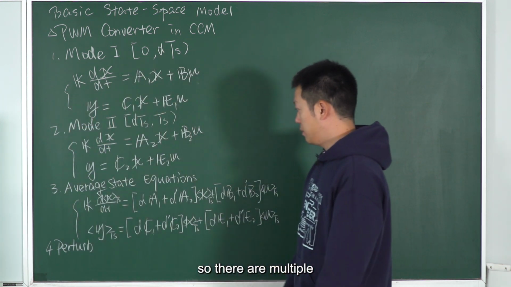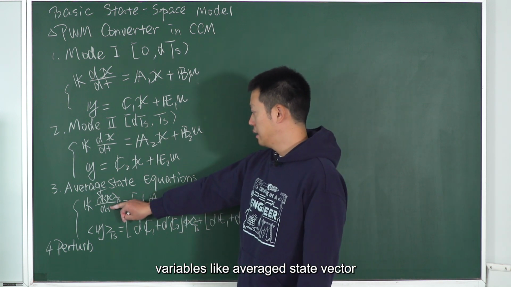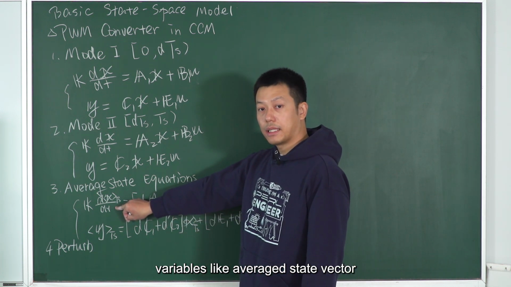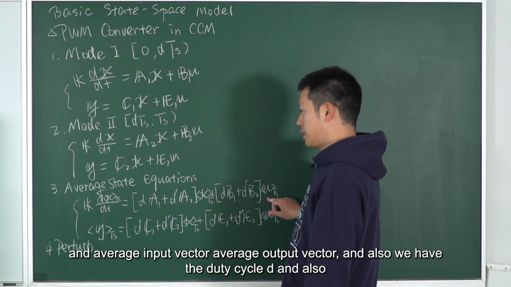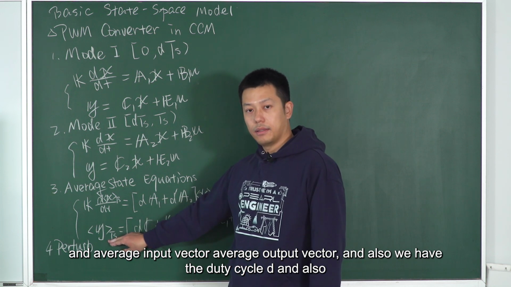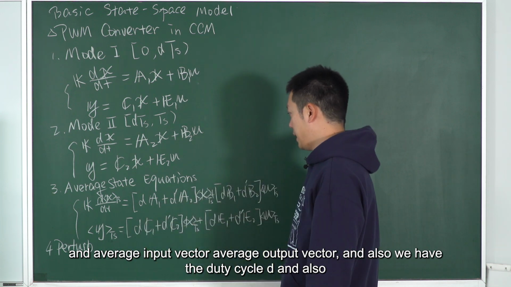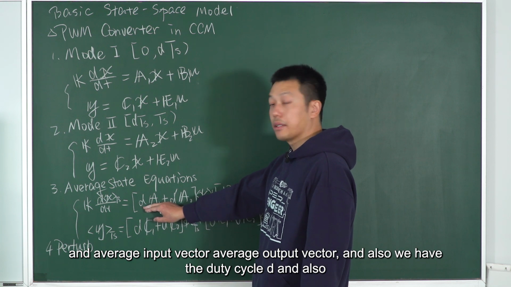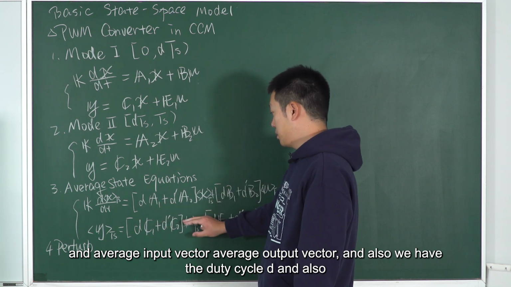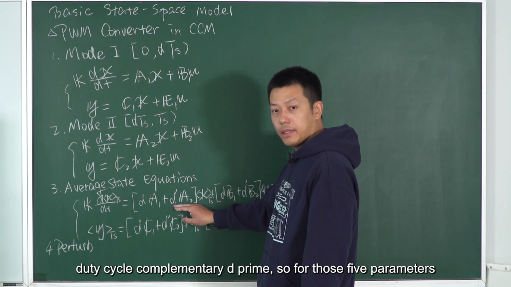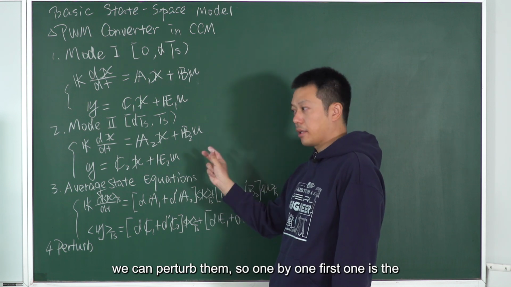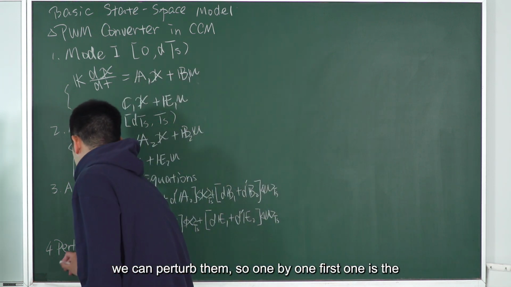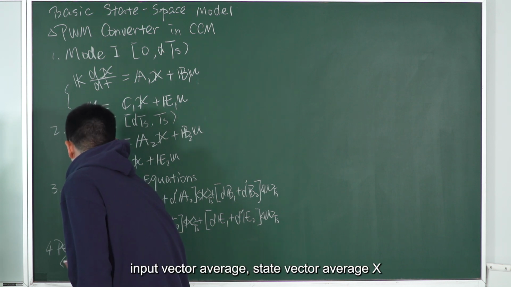There are multiple variables: the average state vector, the average input vector, the average output vector, and also we have the duty cycle D and the complementary duty cycle D prime. So for those five parameters, we can perturb them one by one. First is the average state vector x.